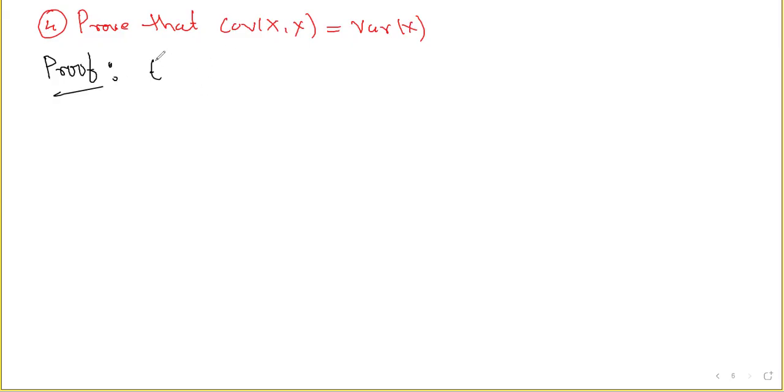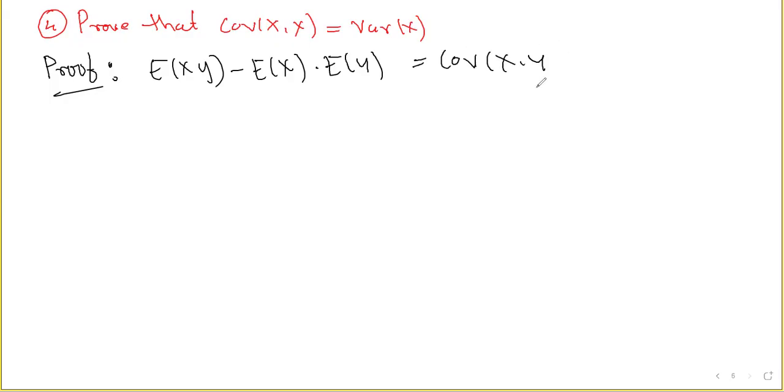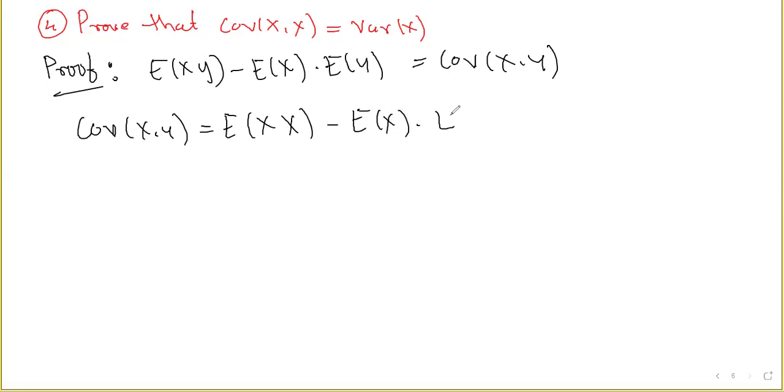We know that expected value of xy minus expected value of x into expected value of y is nothing but covariance of x comma y, right? So covariance of x comma y is expected value of x into x, because y is replaced by x, minus expected value of x into expected value of x.